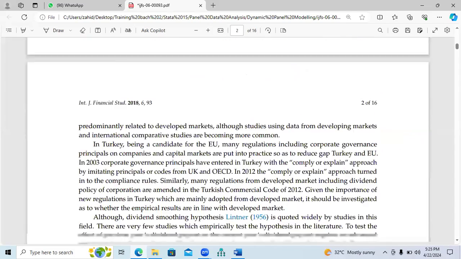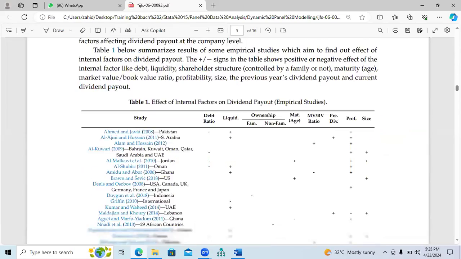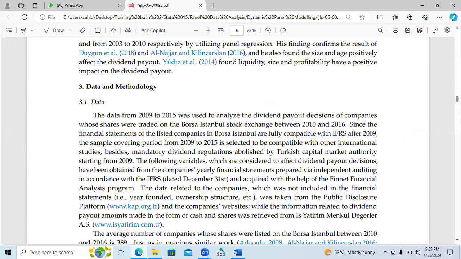So you need to come to the methodology section here in order to understand how they have applied the dynamic panel data model. First of all, you need to understand that the data was extracted between 2009 to 2015. It means it is 6-year data. So I would place here T is equal to 6, which is less than 25.